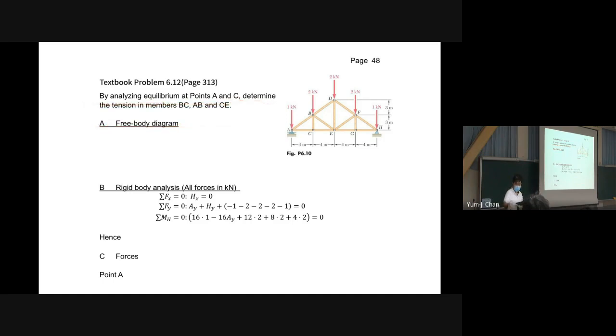The original question on page 313 is much longer. The original problem asks you to determine forces in all members, but I'm just asking you for these three members.